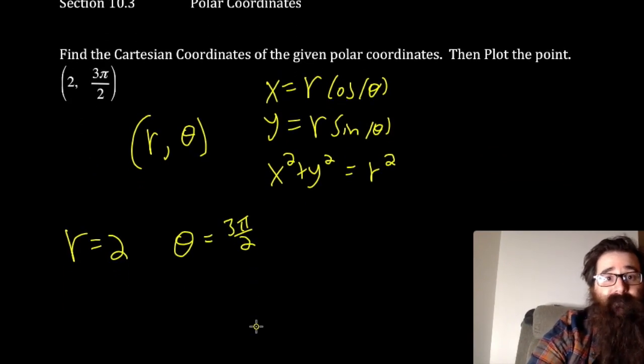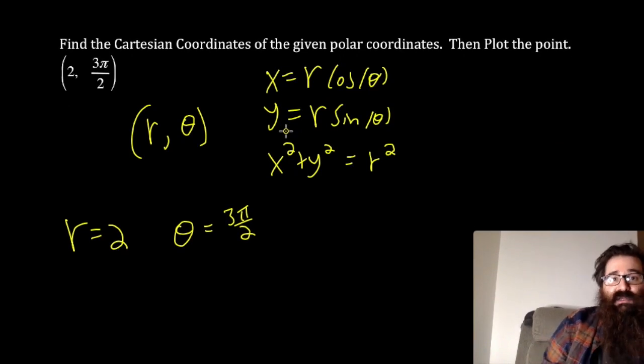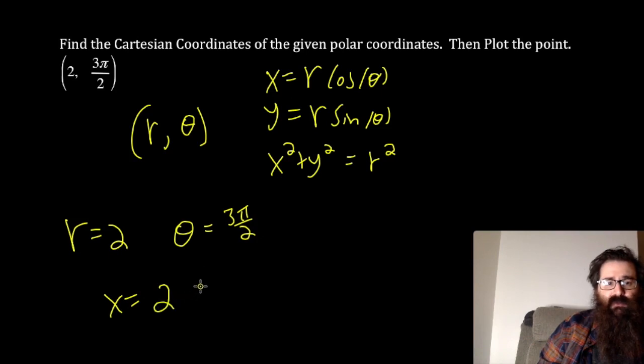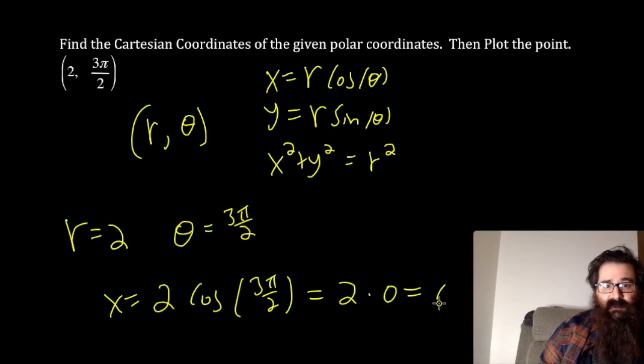Well, now all I really have to do to find x and y, and it's actually not so bad going from polar coordinates to Cartesian coordinates, is I can actually just plug in directly. We say x is going to be r times cosine theta, so that's 2 times cosine of 3 pi over 2, or that's 2 times 0, which gives us 0.